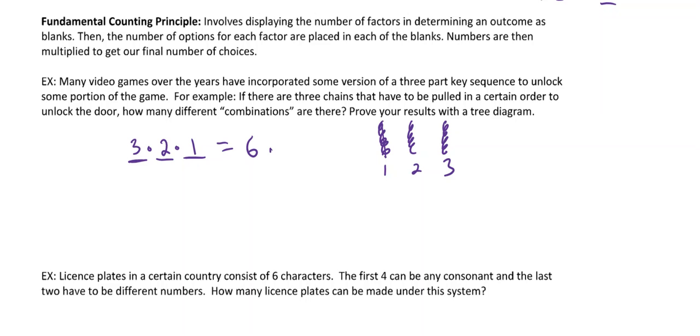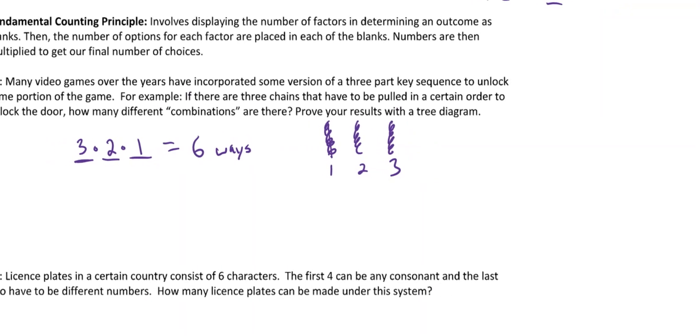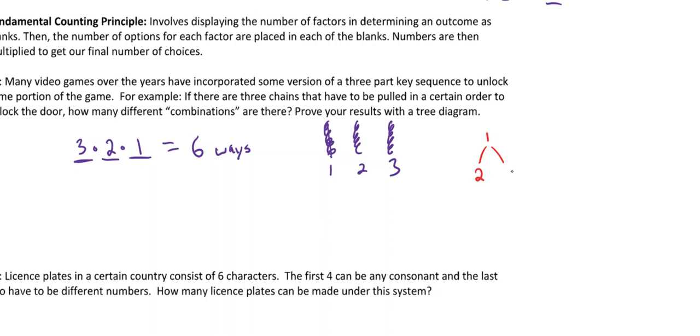Okay, so 6 ways. Now it says prove your result with a tree diagram. So a tree diagram kind of just spells it out. So as an example, let's say I did pull chain number 1, right? Then after that, I have 2 options. I could pull chain number 2, or I could pull chain number 3.